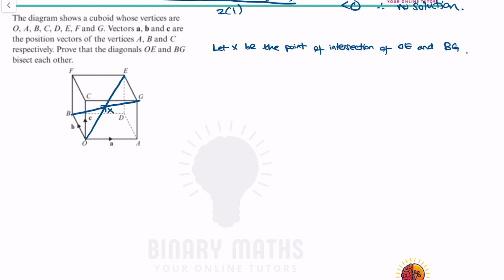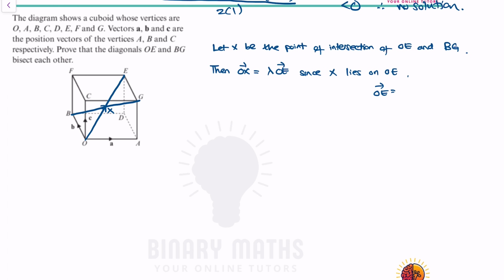Okay. And then OX. So we want to find 2 different routes from O to X, yeah? So the first way to get from O to X is OX, which must be equal to lambda times OE, since X lies on OE. So we have to work out what OE will be.